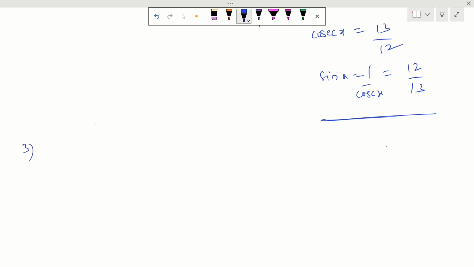Now come to the third problem, that is sine 31 pi by 3.